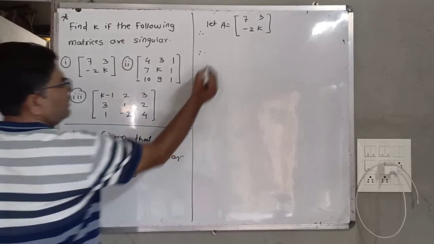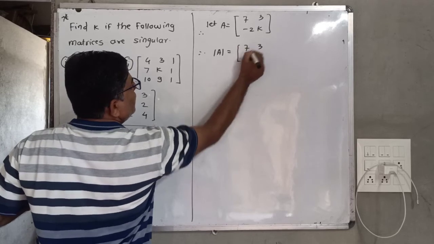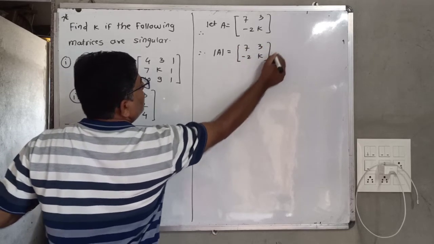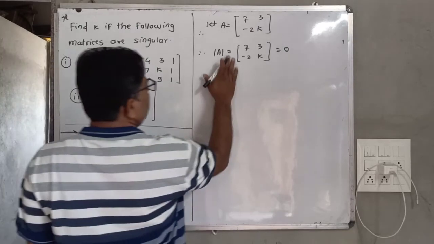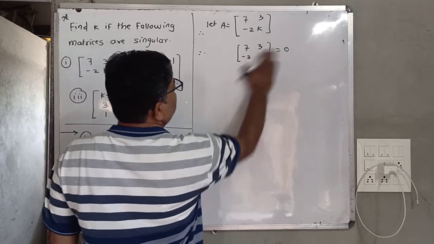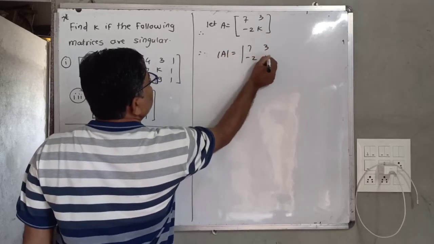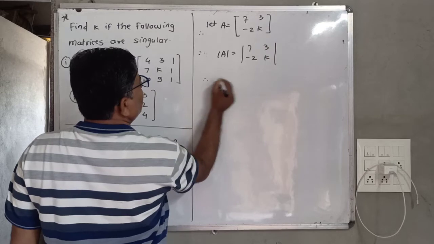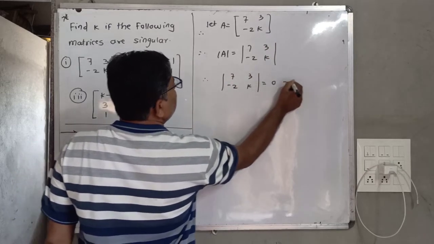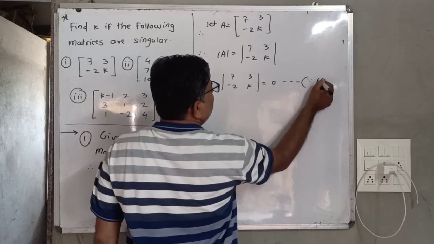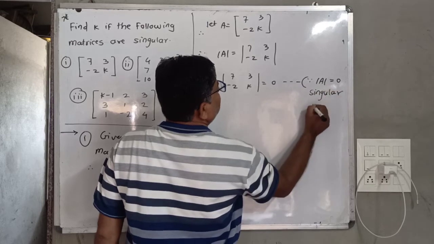Using this condition, the determinant of A equals 0. Determinant of A equals 7k minus 2 times 3, equal to 0, since the matrix is singular.